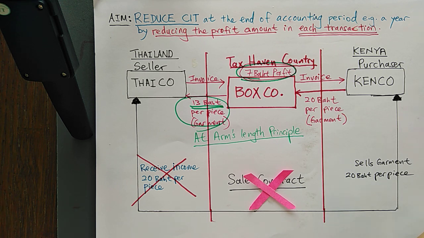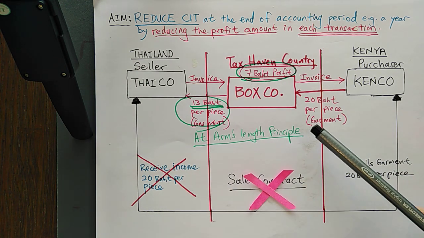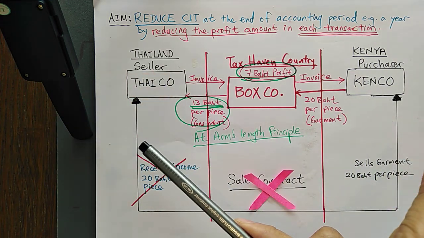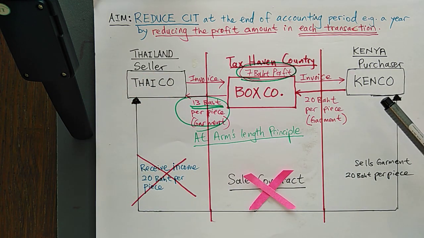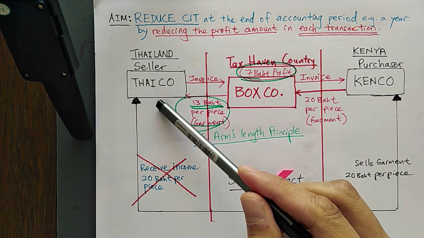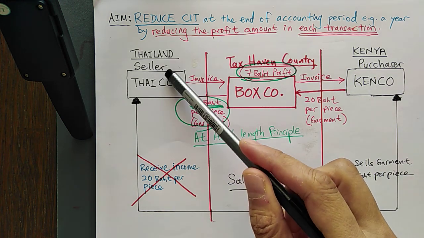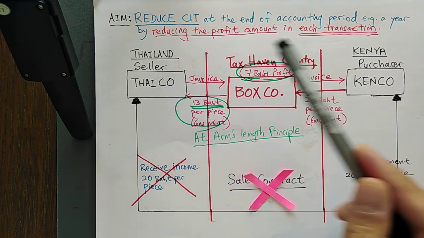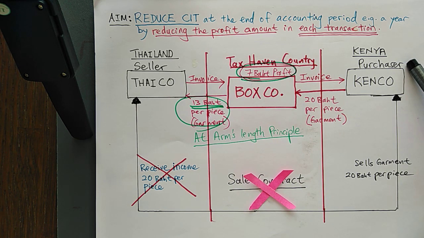For students, the way to test your understanding, if you think you understand transfer pricing methods here, is perhaps to reverse this transaction the other way around, and think in terms of Tyco as the purchaser and Kenko as the seller.